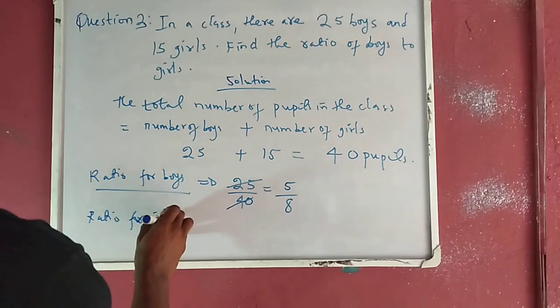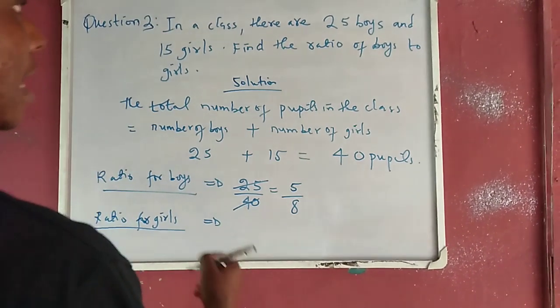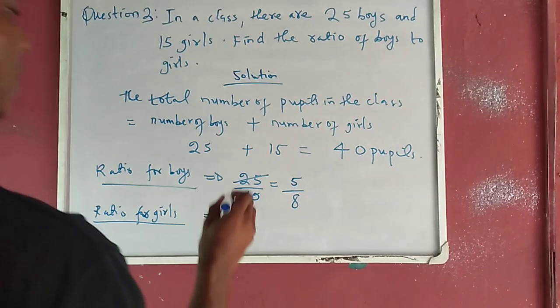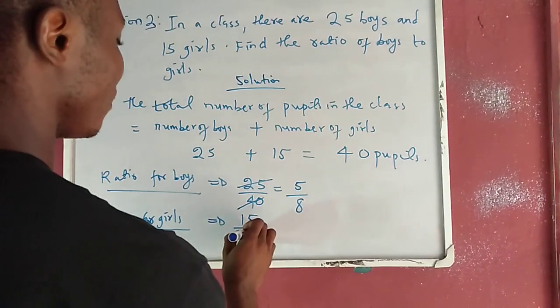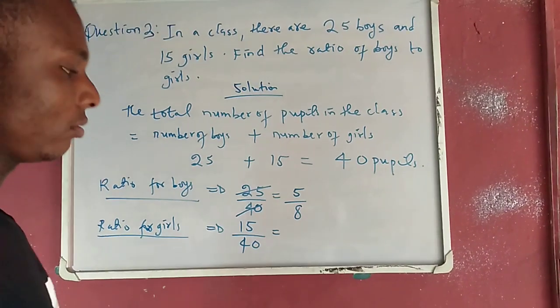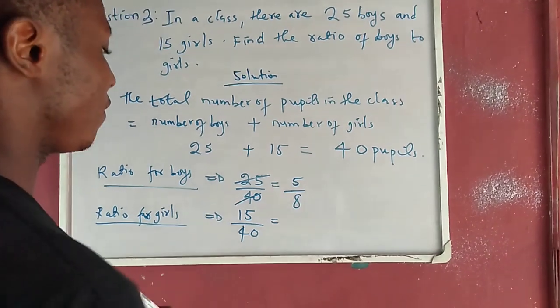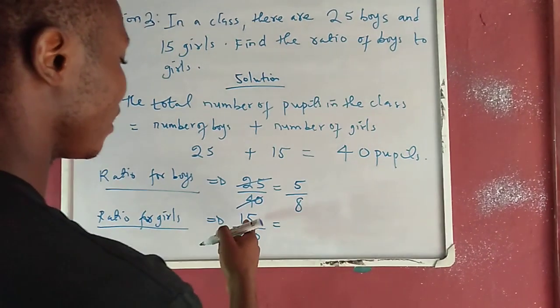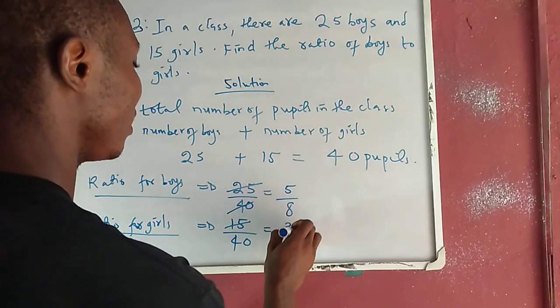Then the ratio for girls. I'll take the number of girls in the class over the total number of pupils, which is 40. So I'm dividing again with a common factor. Right? So 15 and 40. So 5 here will give me 3.